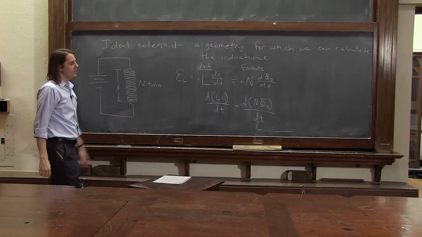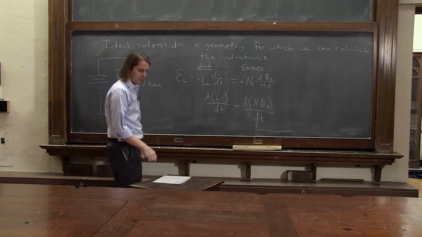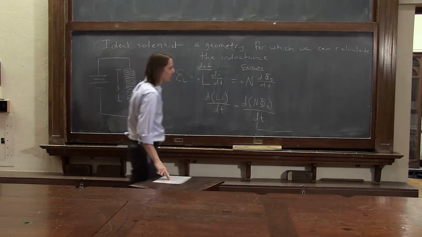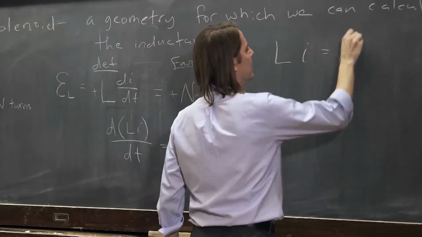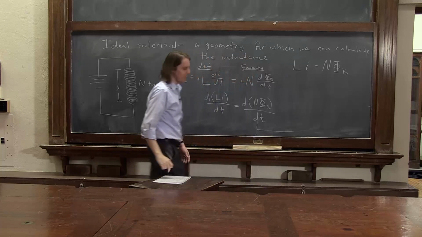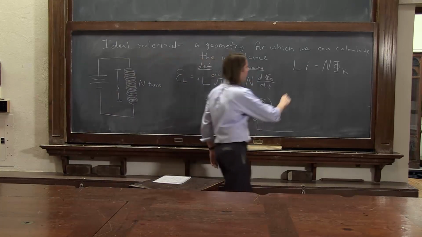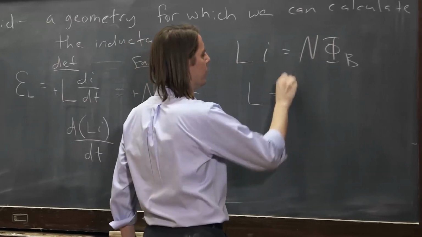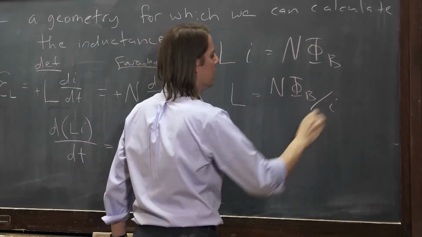Well, in that case, the things in the parentheses are equal, right? The time derivative of each of these is equal. We'll say the two things are also equal. So the inductance times I equals N times phi B. Okay? And we're trying to solve for the inductance L. L equals big N phi B over I.